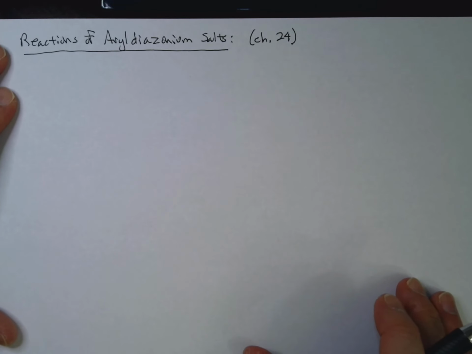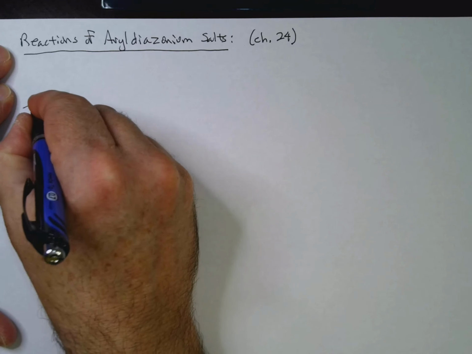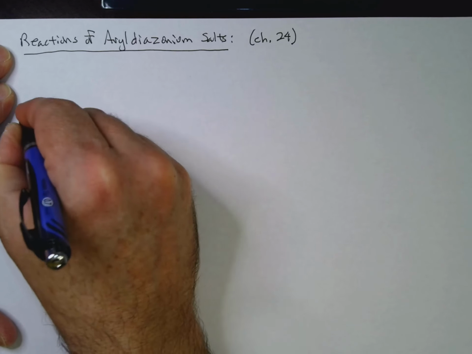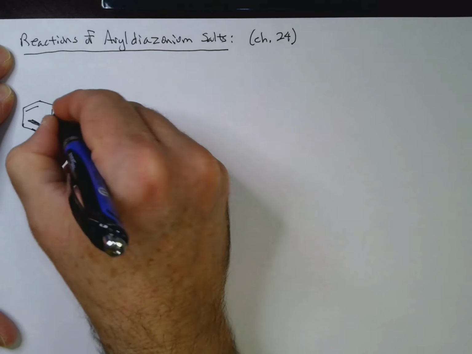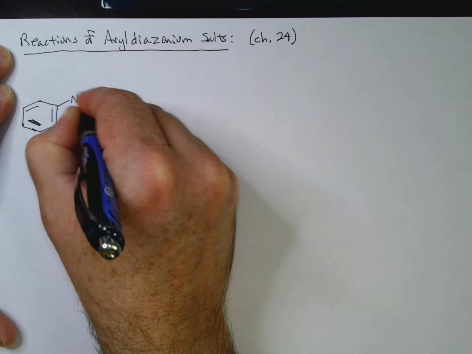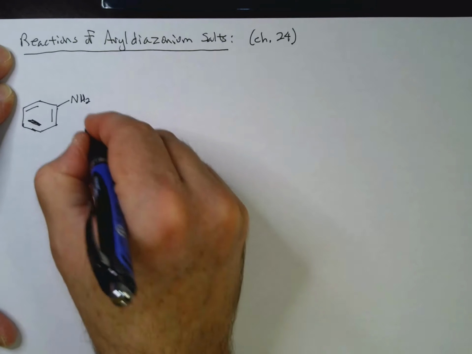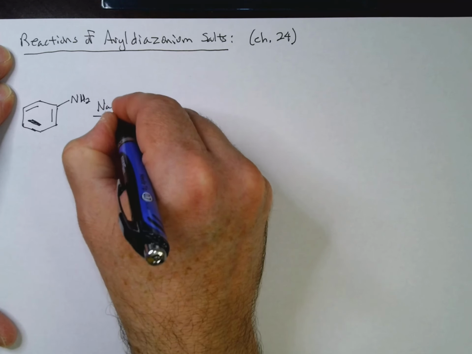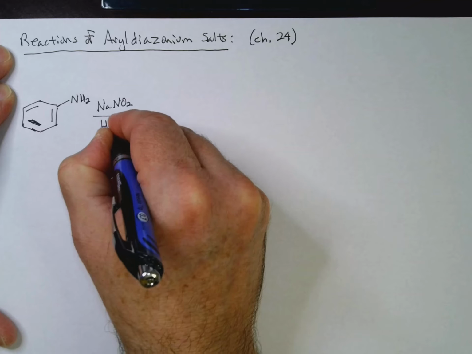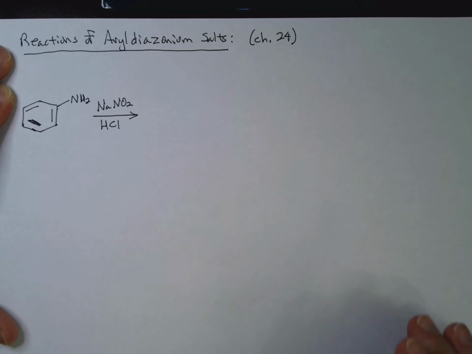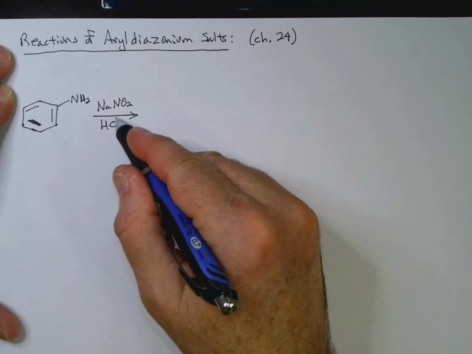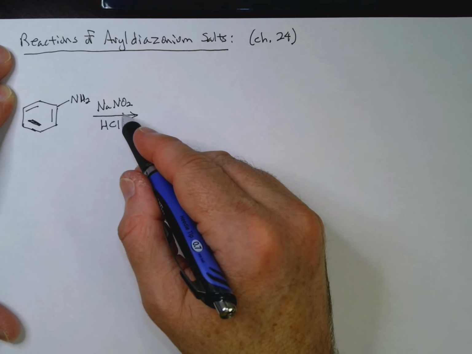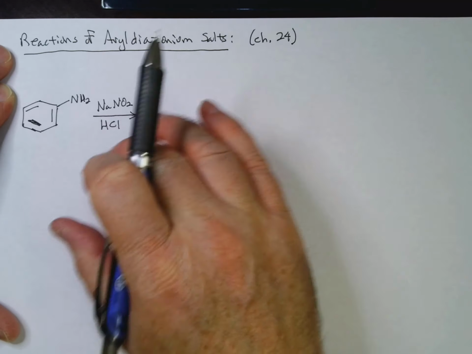So we can take aniline, or really any amino benzene derivative, NH2. And if we treat this with NaNO2 and HCl, so sodium nitrite and hydrochloric acid, basically this is a stand-in for nitrous acid, so HNO2 is what we're making.